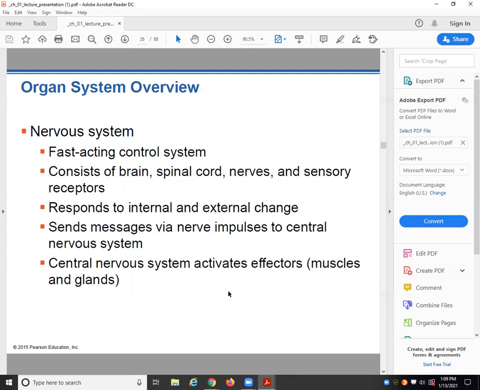And your central nervous system activates what we call effectors. These are muscles and glands. The effectors cause an effect: they send a signal, and the muscle contracts or relaxes, or a gland secretes hormones.